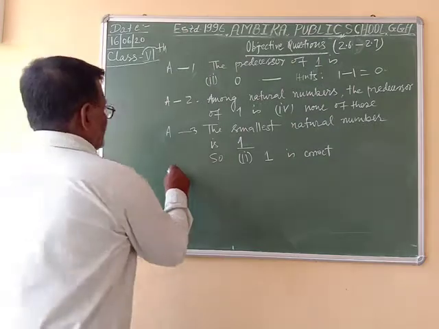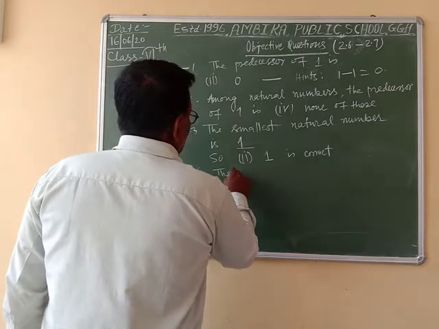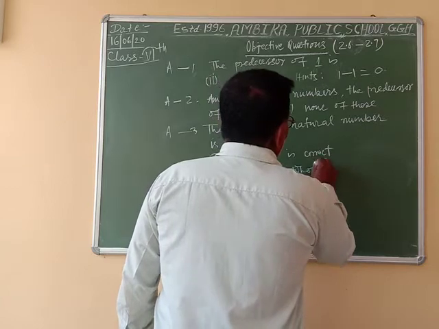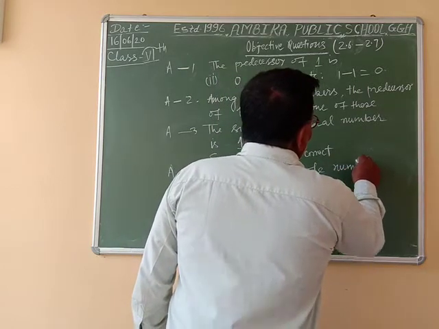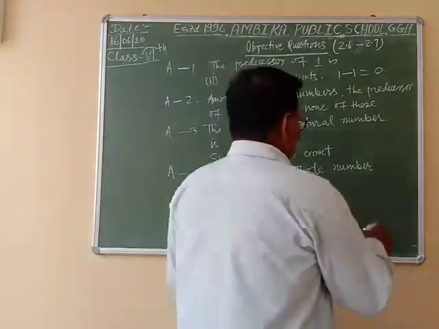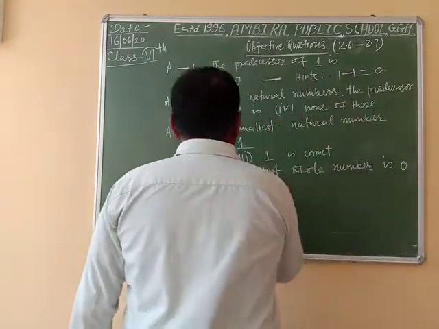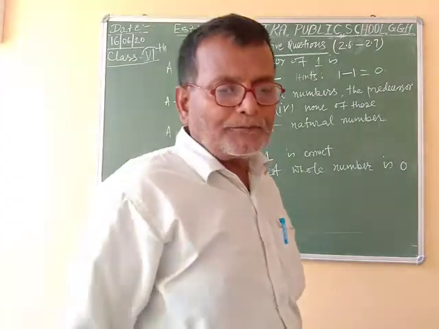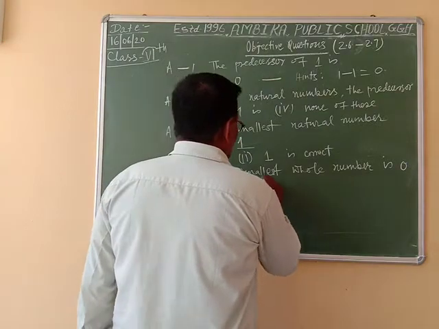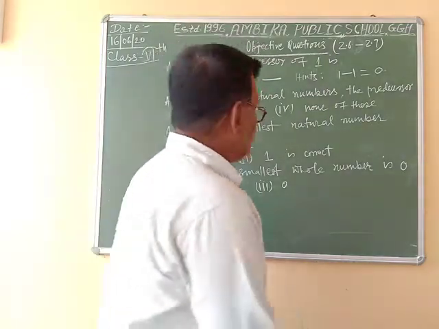The smallest whole number is 0. So option 4 is correct.